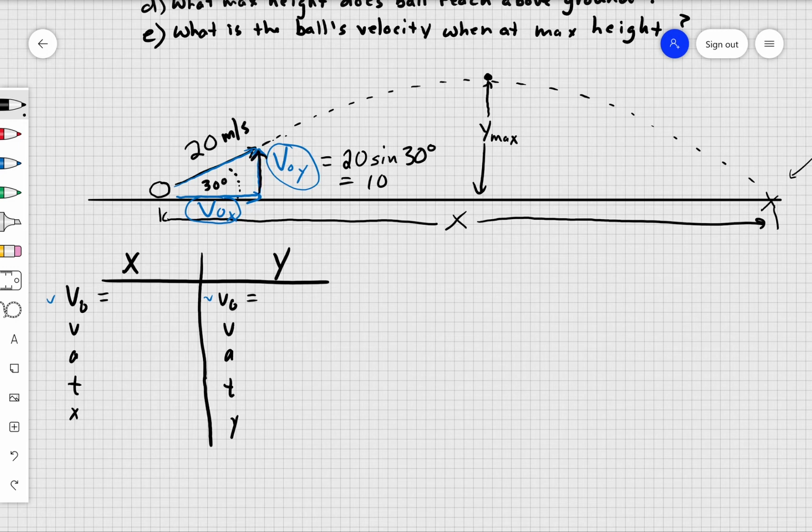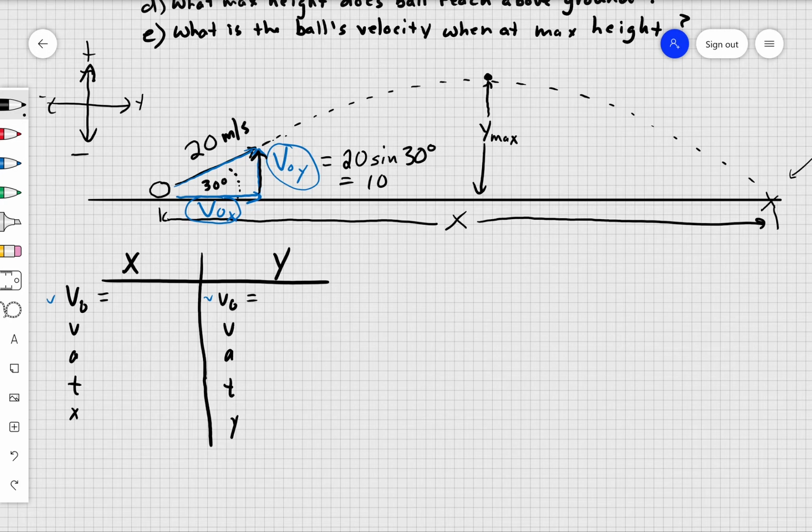Now, I am definitely going to call up my positive direction and down my negative direction, and to the right positive and left negative. That's my coordinate system. In the first projectile problem we looked at in the last video clip, we called down the positive direction, but if you recall, the only motion vertically was downward. In this case, the ball is going to travel upwards and then downwards.